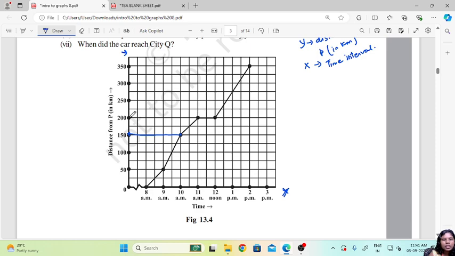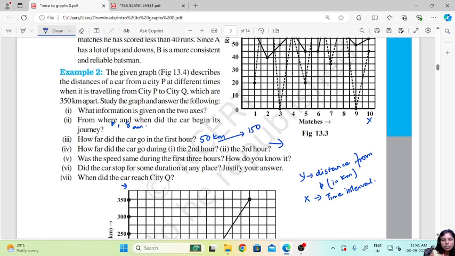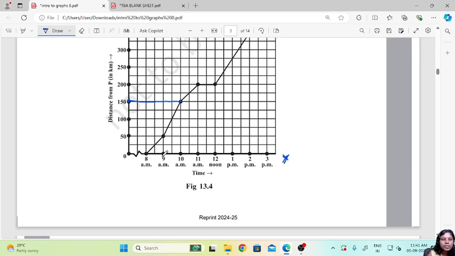At 11, it was around 200 kilometers. Now, was the speed the same during the first 3 hours? How do you know? Was the speed the same? So here, what is the difference? This is 50. Now from here to here, the difference has increased. Correct? So it wasn't the same.